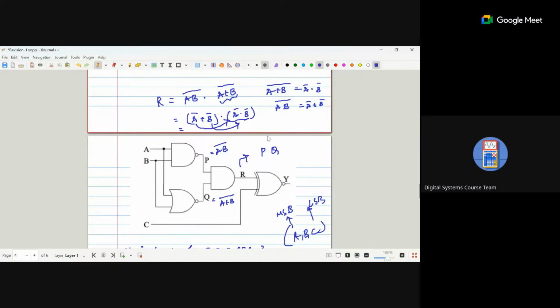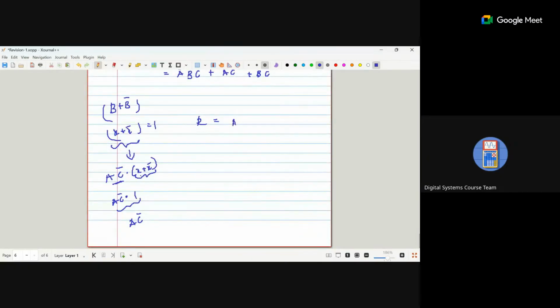Because here you have OR, but this is AND and this is also AND. So you will have A bar and A bar B bar plus B bar and A bar B bar.